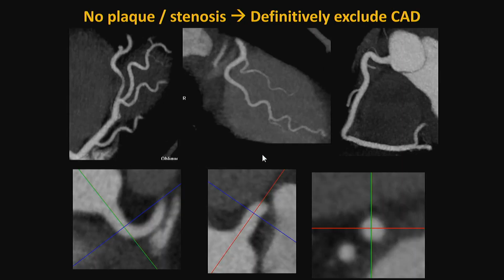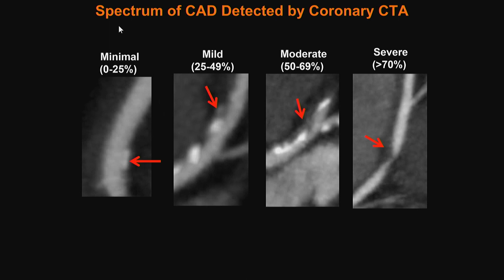So still, one of the attributes of CT is that when a scan is normal and we see no plaque and no stenosis, we can definitively exclude CAD with a very high negative predictive value, and this is associated with an excellent prognosis. On the other hand, when we do find disease, coronary CTA can identify the wide spectrum of disease.